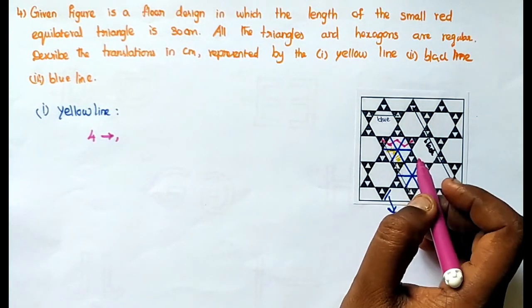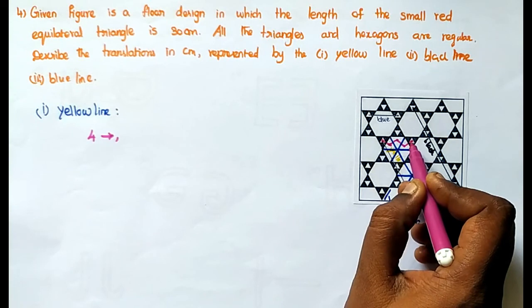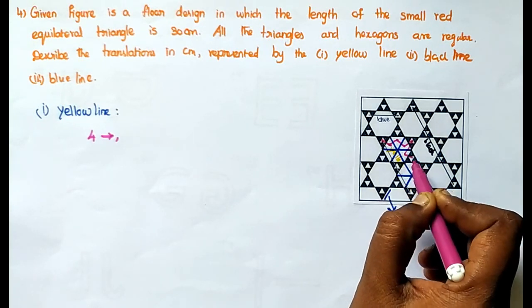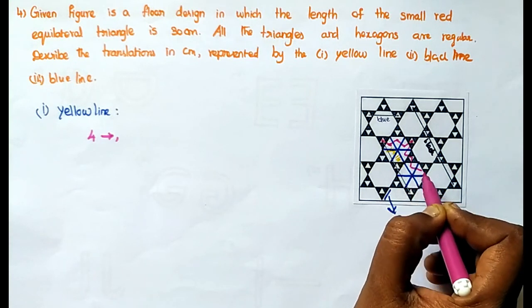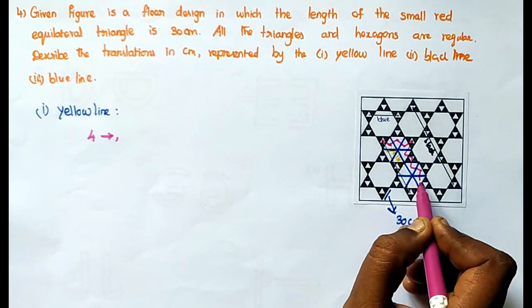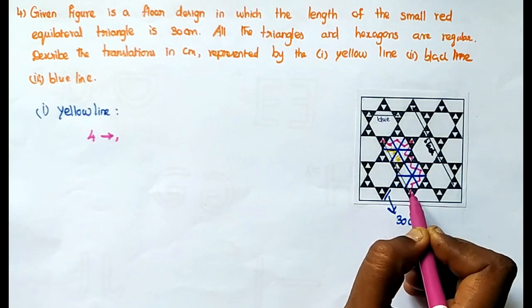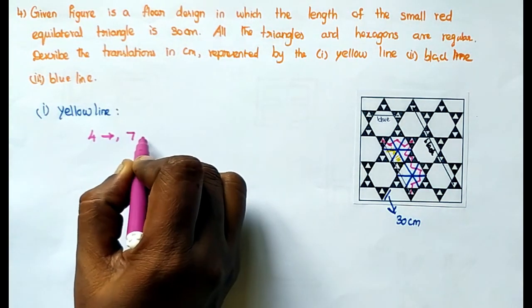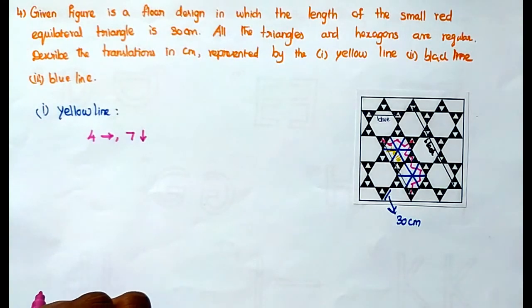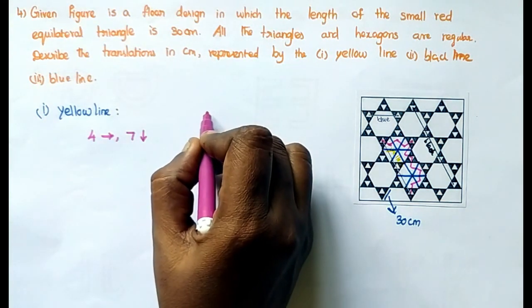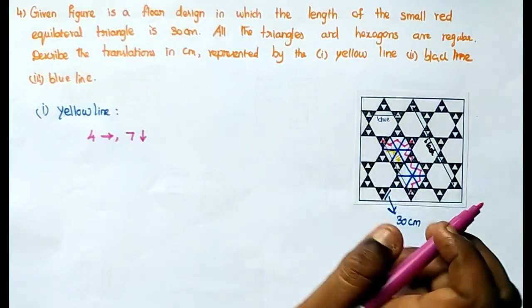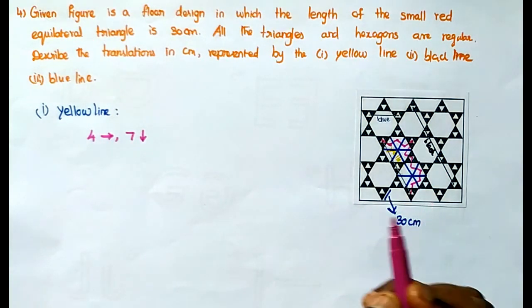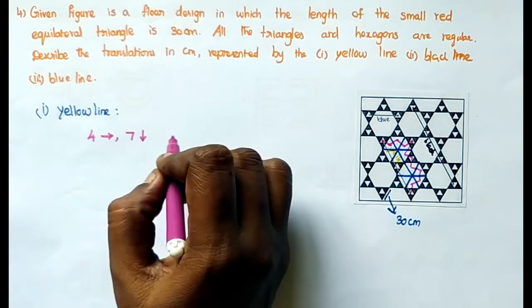And then listen, from here to here: 1, 2, 3, 4, 5, 6, 7. So 7 moves downwards. Listen, 1 is 30 centimeter. Here, how many moves? 4 moves.